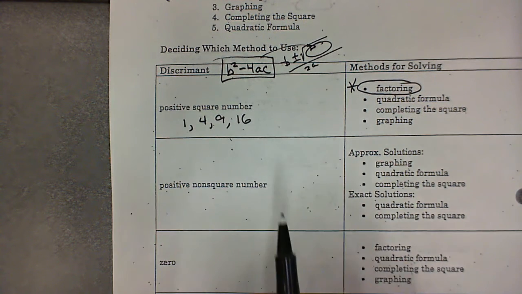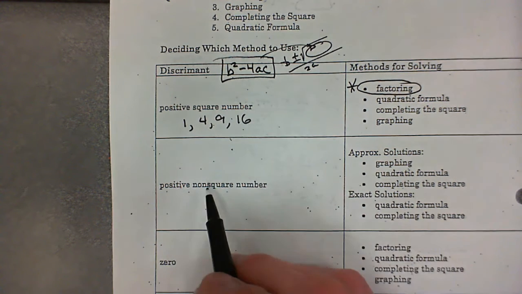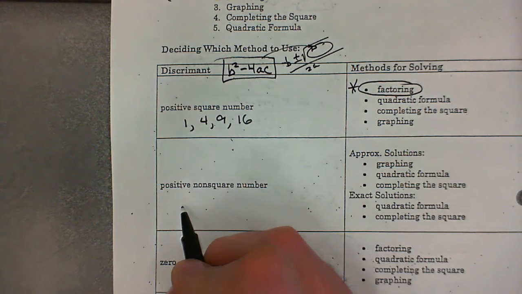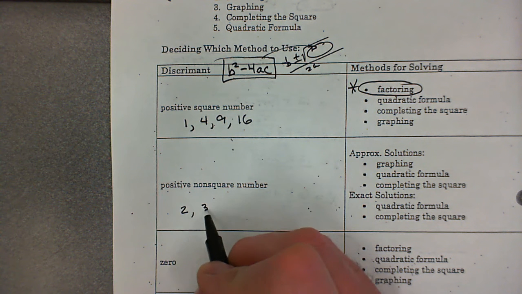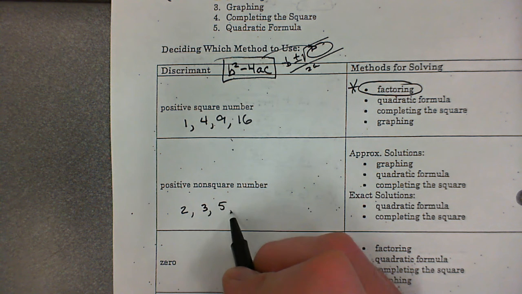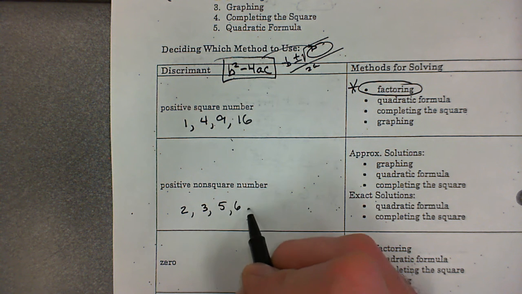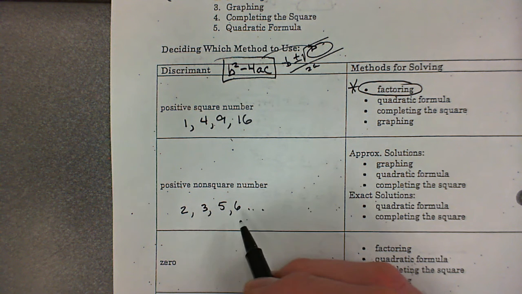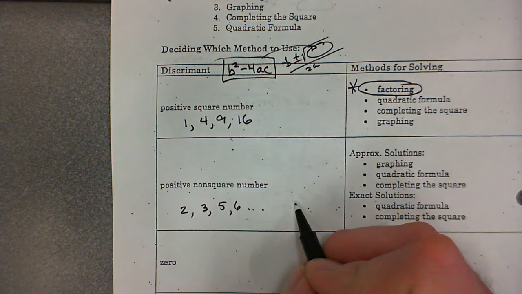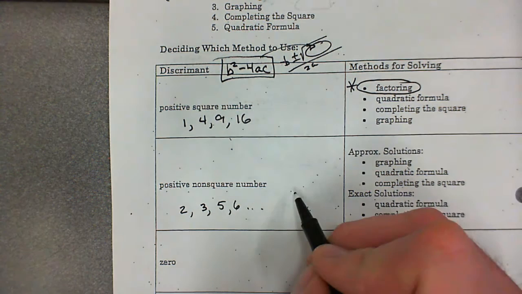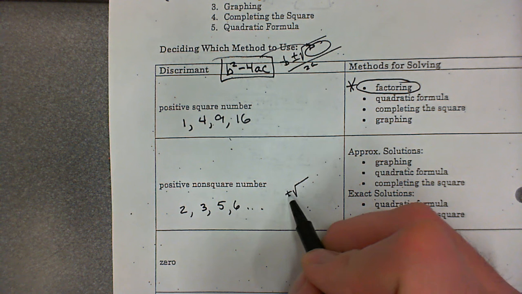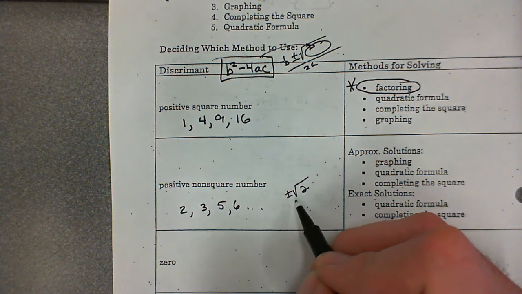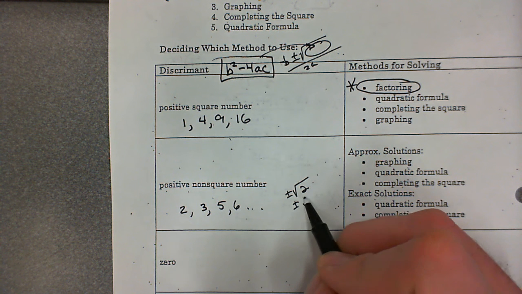Now, what happens if the discriminant is a positive non-square number, such as 2, 3, 5, 6, or any that are not square numbers? Well, that means you're going to end up with a square root in your final answer, plus or minus the square root of 2, plus or minus the square root of 3.